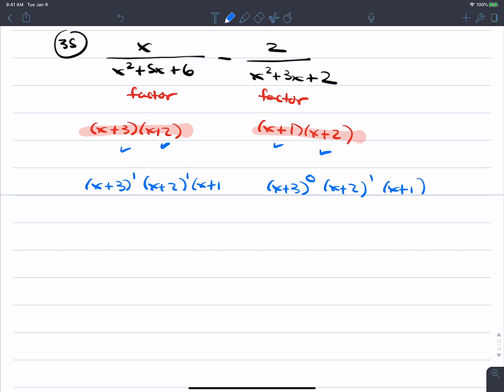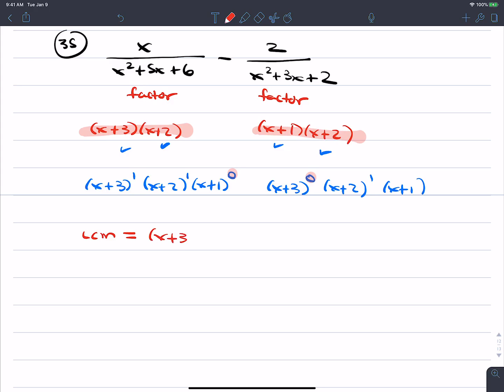So this is going to be x plus 1 to the 0 power here. I want to remind people that if a term is missing, just simply put it to the 0 power like we did for both of these, since anything to the 0 power is 1.